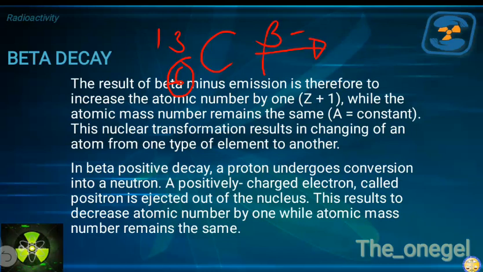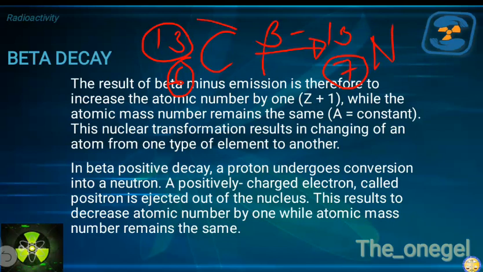So, 6 plus 1, that will become 7. Atomic mass number remains the same. 13 pa rin siya. So, what is now the element number 7? Hydrogen, helium, lithium, beryllium, boron, carbon, nitrogen. So, the 7th element is nitrogen.